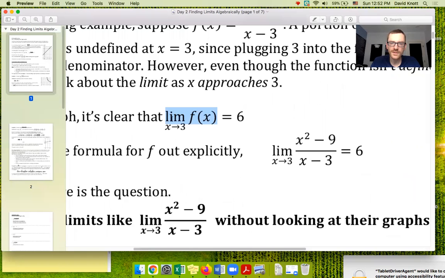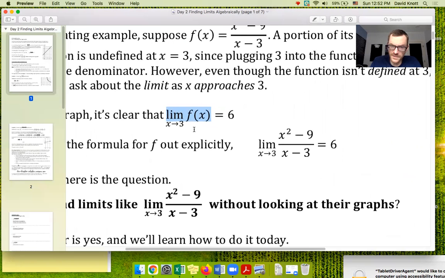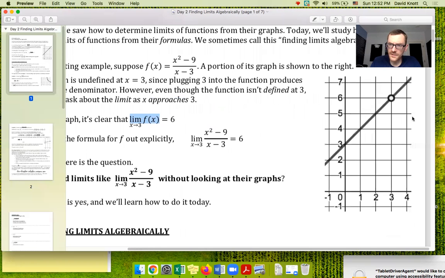Well, if you look at the graph, it's very clear that the two-sided limit is defined because the left and right-hand limits approach the same number, and they both approach 6, right? So the two-sided limit is 6. That's pretty clear from the graph.